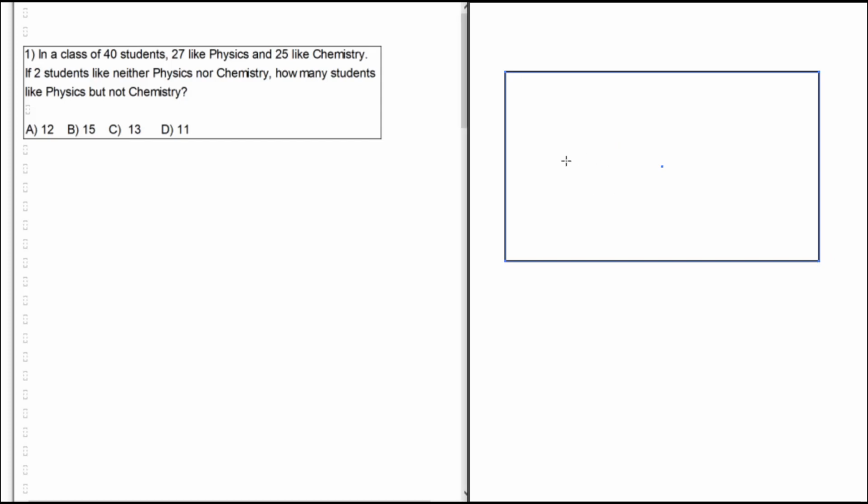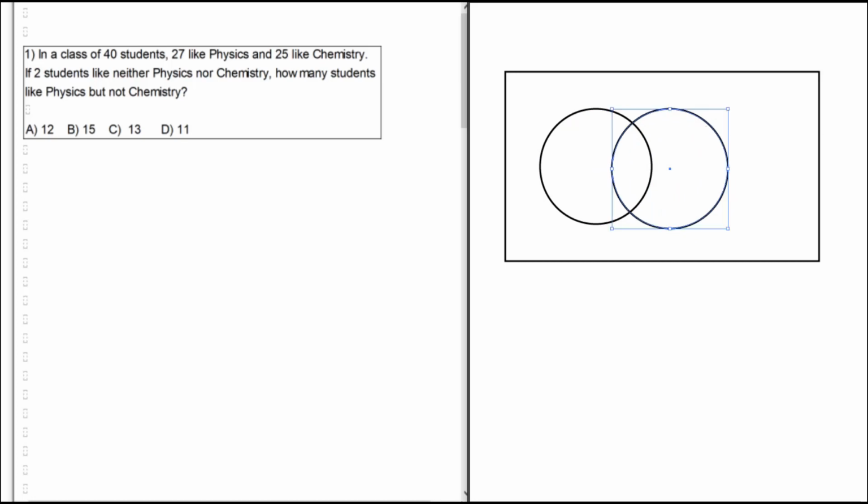And now we are going to make a circle, and this circle right here represents the students who like physics. And another circle represents the students who like chemistry. Since we do not know the number of students who like both physics and chemistry, we do not know how many students are in the overlap, we will denote this as X.